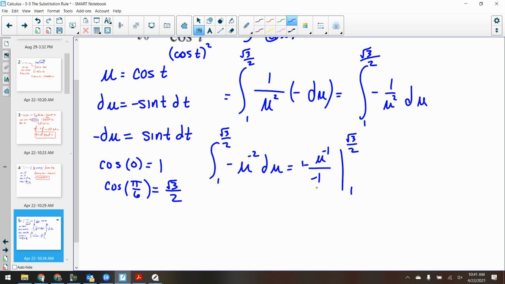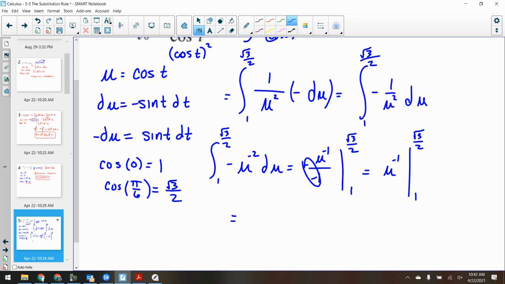So those negatives are going to cancel. So this is really like u to the negative 1, from 1 to radical 3 over 2. And now again, at this point, once I change my endpoints, I don't need to go back in with cosine phi. I can just perform the definite integral on u.